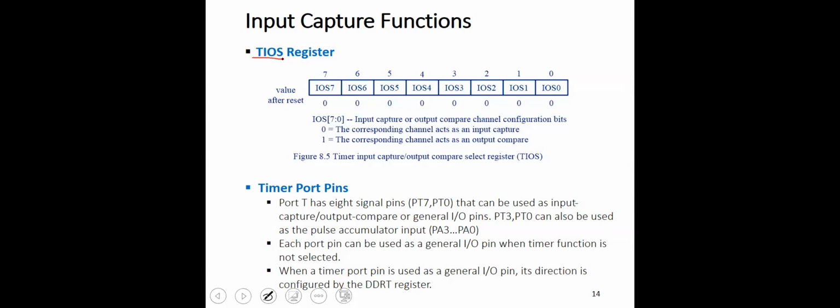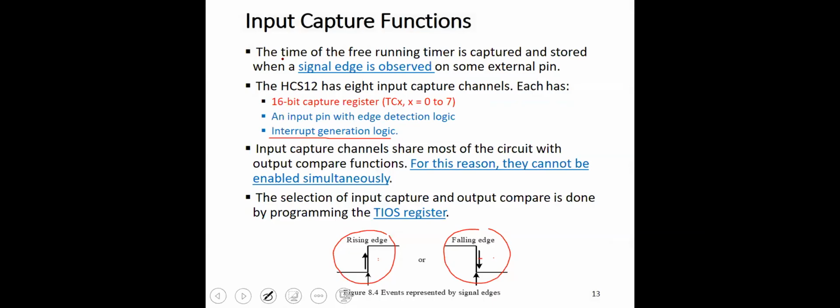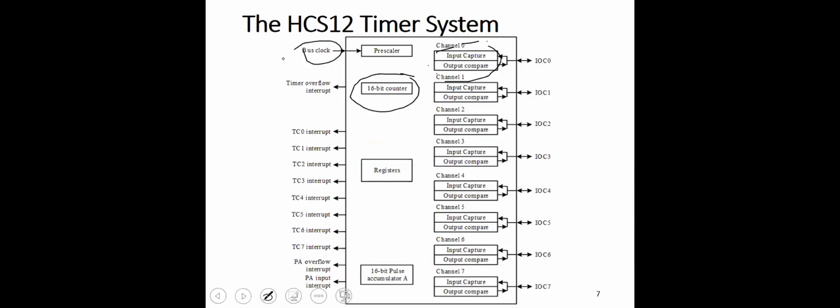So basically we have, as we said, 8 channels. Let me go back to the block diagram to remind you. So these are the channels, which are basically the pins from port T. This is pin 0 from port T, pin 1, pin 2, and so on. These pins can be used for either input capture that we are discussing, or for output compare that we probably discuss next time.